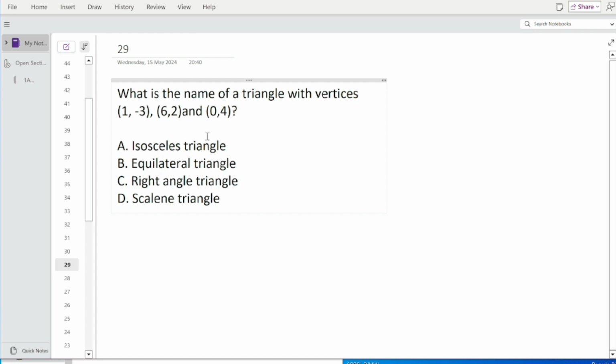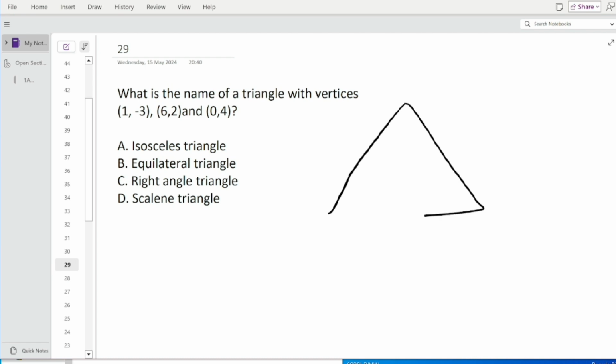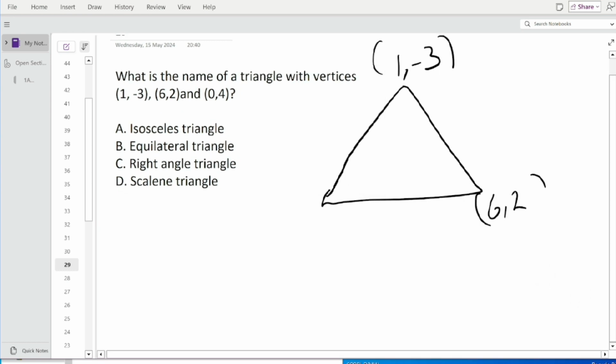For you to solve this question, you don't need to draw a graph. You just need to take your points: the first as 1, minus 3, the second as 6, 2, and the third as 0, 4. The values in front are the x's, while the ones at the back are the y's.